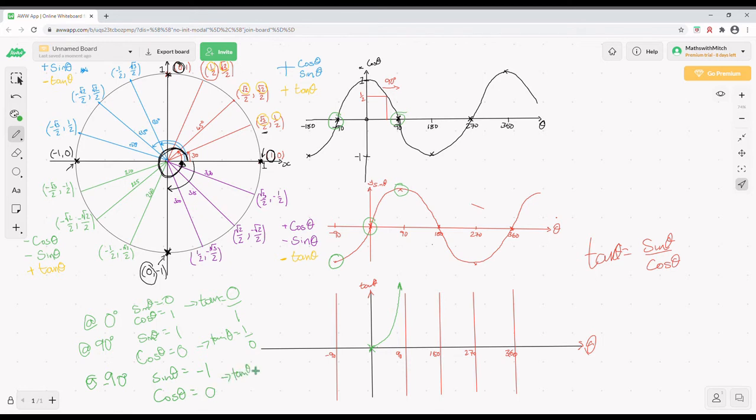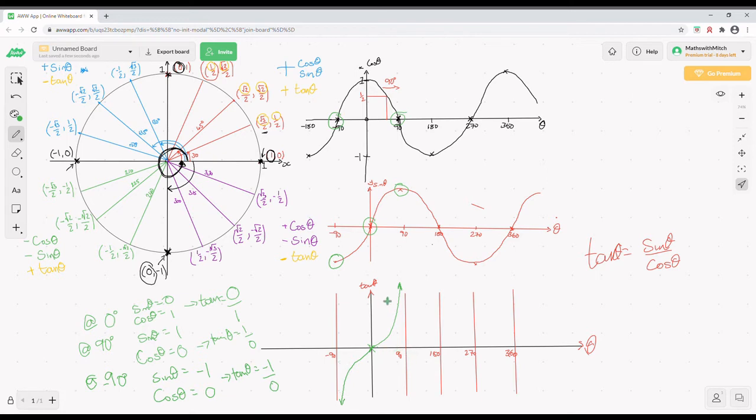So that means tan theta is going to equal negative 1 over 0. So again, we're dividing by 0. We know the graph's going to go off to infinity. But this time we've got a negative 1. So it's negative infinity. So we know the graph is going to go off in this direction. And that gives us the shape of tan from negative 90 to positive 90.